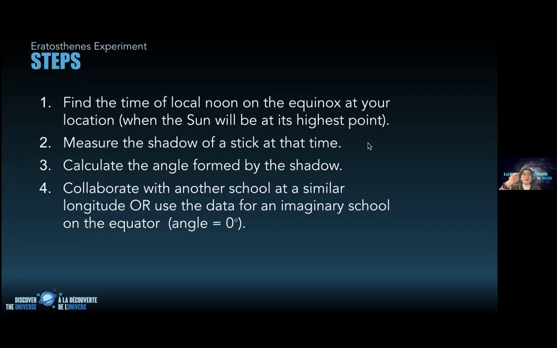So instead of collaborating with another school, you would just input the angle of 0 for the other school's measurement. Then based off of your angle and the angle of the other school, or 0 in the case that you're not collaborating, you'll be able to calculate the circumference of the Earth.